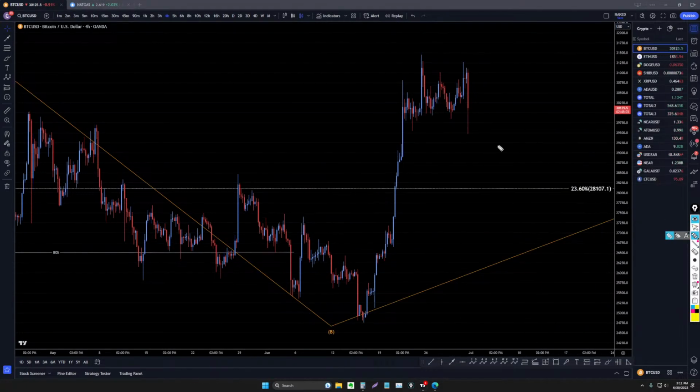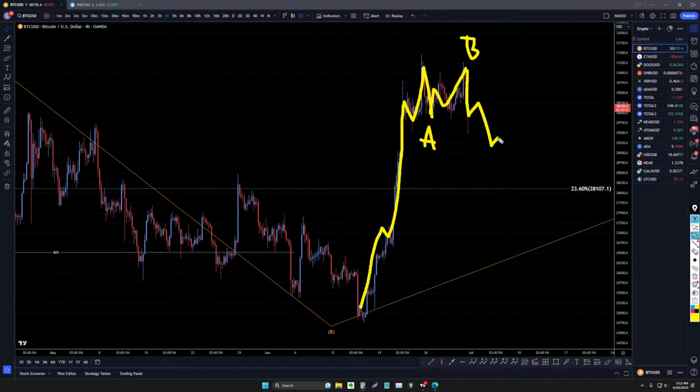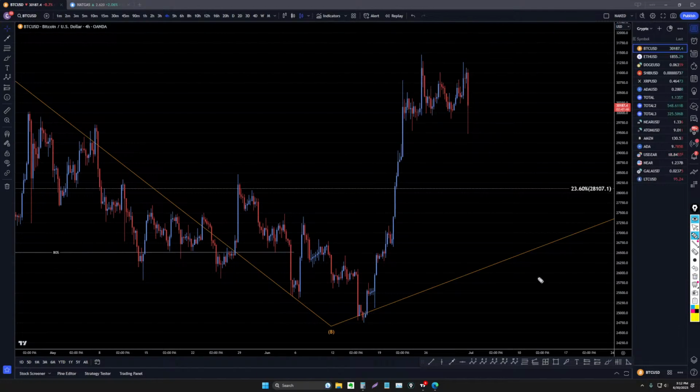Definitely looks like a 1, 2, 3, 4, 5, and then probably a wave A, and then probably an A, B, C, a B, and probably going down for a wave C. I think it's going to go up at some point though, so it almost looks like it's doing a spike reversal. It might even start going up now, but that could be the wave C right there.